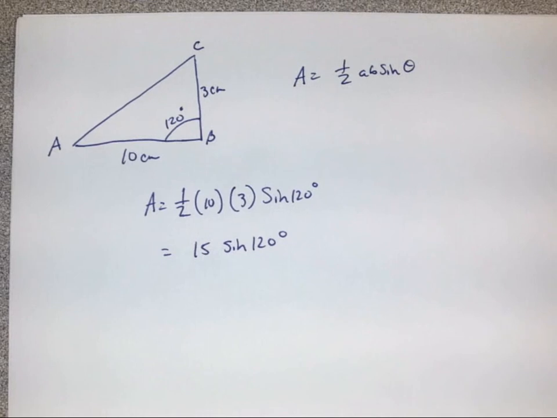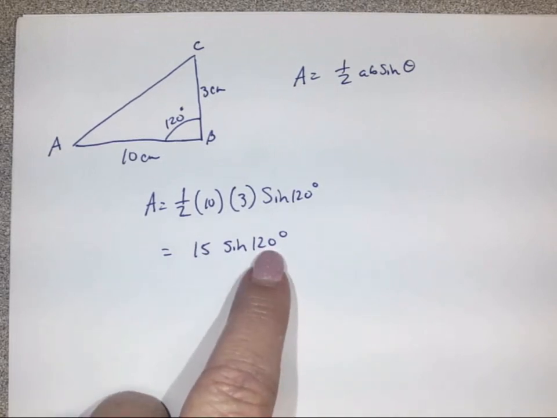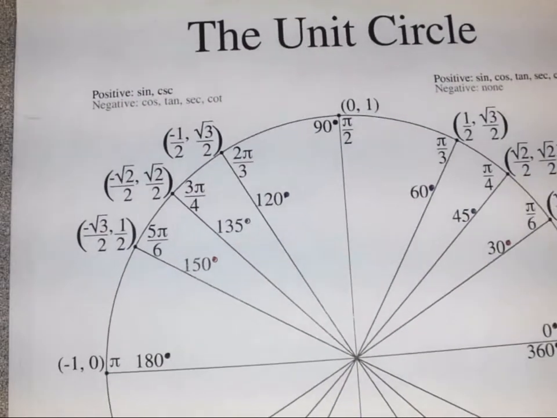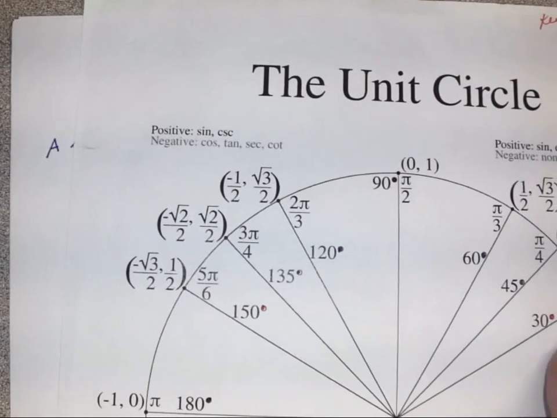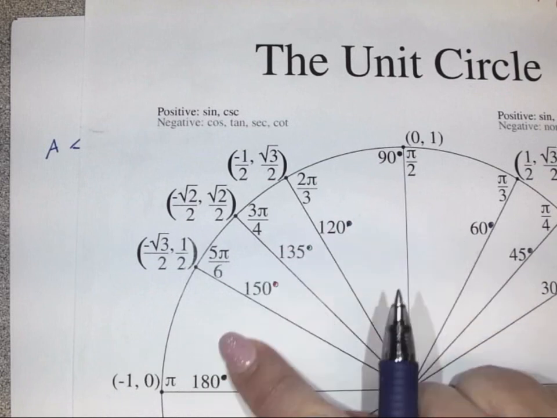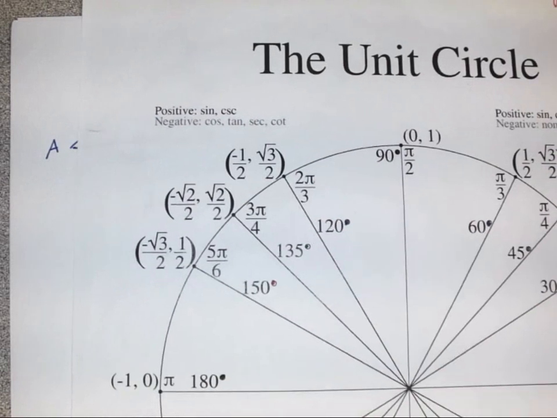We're going to use a reference angle. Our reference angle for 120 degrees would be 60 degrees, because 120 gets us to here, and here is our reference angle from 180 minus 120.